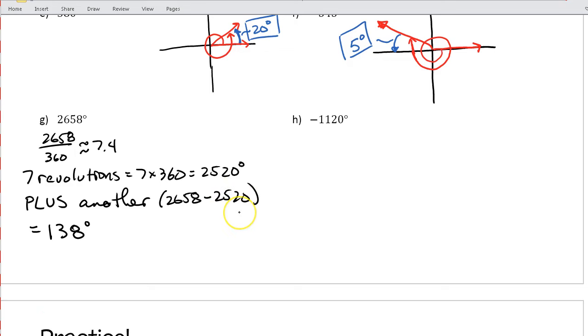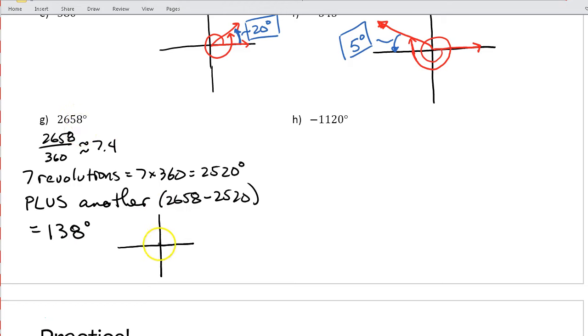I took out the 7 full revolutions, and I was left with 138 degrees, which is a lot more manageable. Basically what we're talking about here is that 2658 and 138 are coterminal. They start and end in the same spot. But spiraling around 7 plus times is kind of unnecessary.